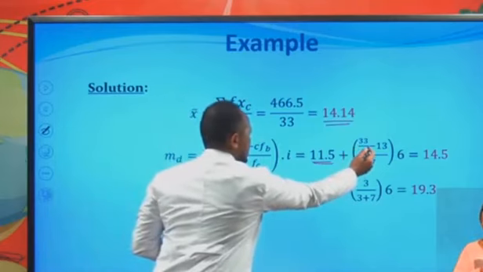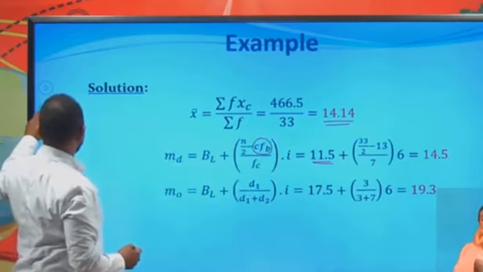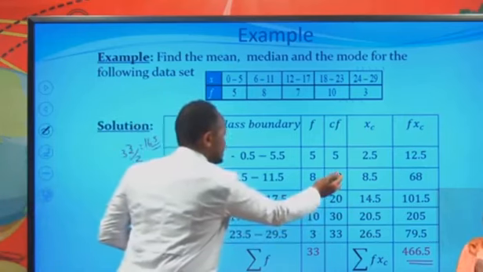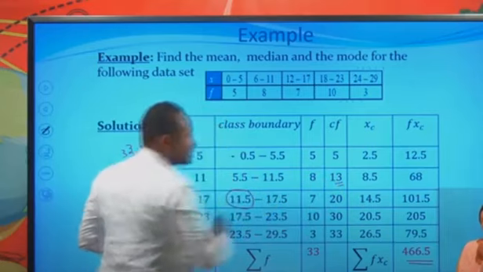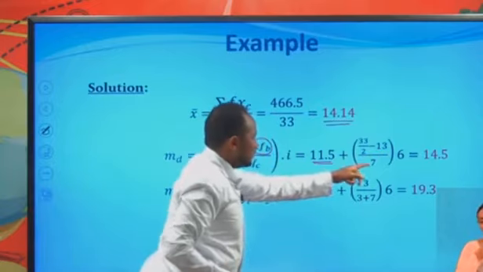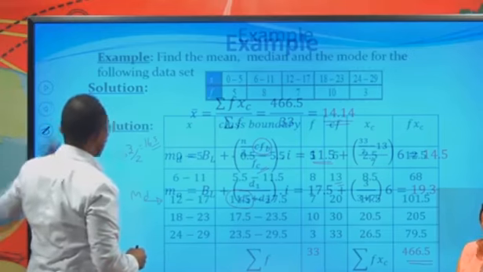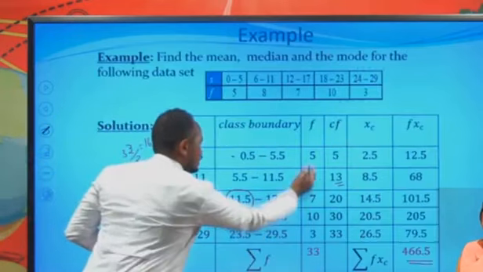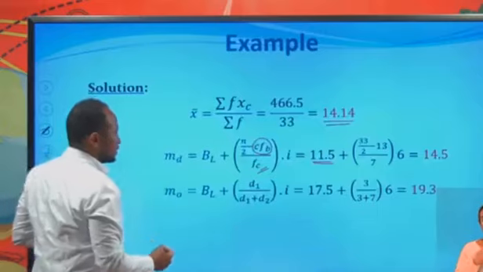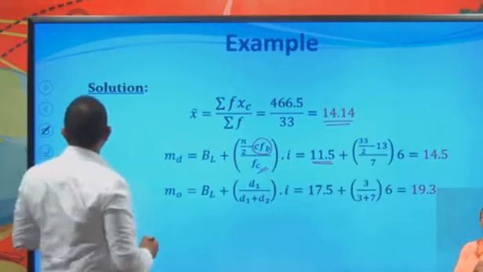So 33 divided by 2 minus the cumulative frequency before the median class, which is 13, divided by the frequency of the class, which is 7, times I, the class width.